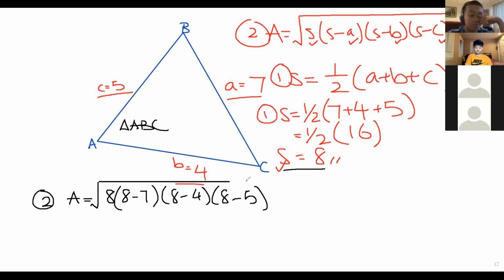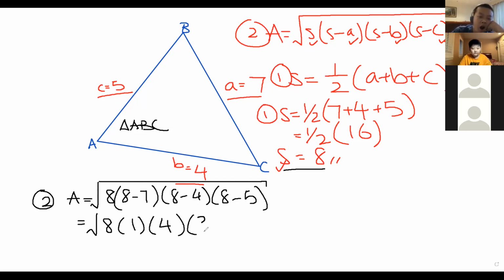And this is all square root. Right? So this becomes 8 times 1 times 4 times 3. Right?